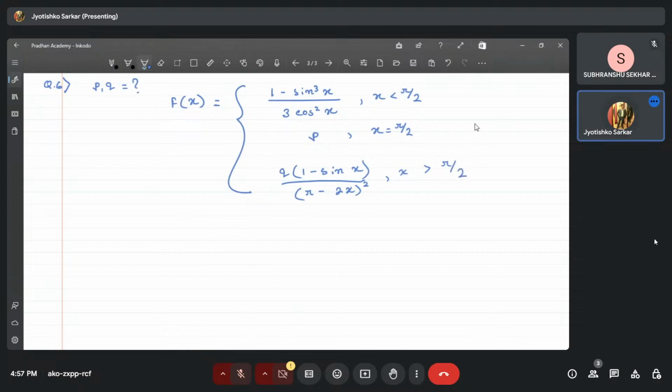It is given that f is continuous at x equals pi by 2.